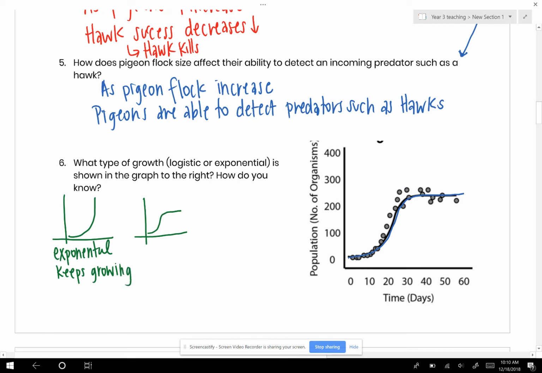If you guys see this type of graph, this is called a logistic graph. And we know it is a logistic graph because it stops growing, and we see that plateau, and it's S-shaped, right? So you guys will see that logistic graphs level out.